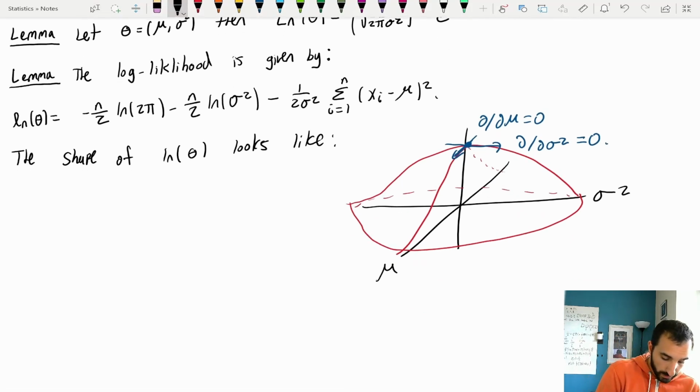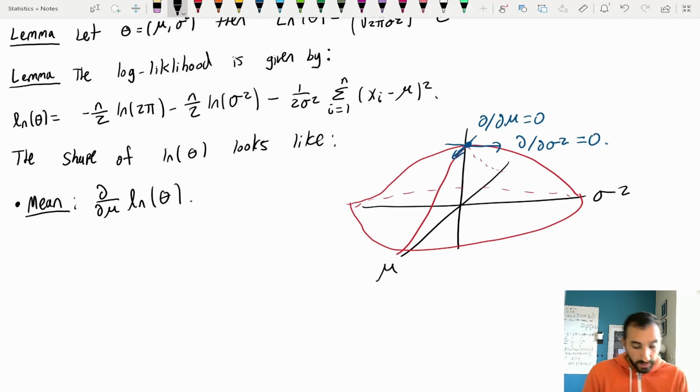So let's first do the mean. What is the partial derivative with respect to the mean of this log likelihood? Well, actually not that many terms involve the mean, so this is pretty easy.